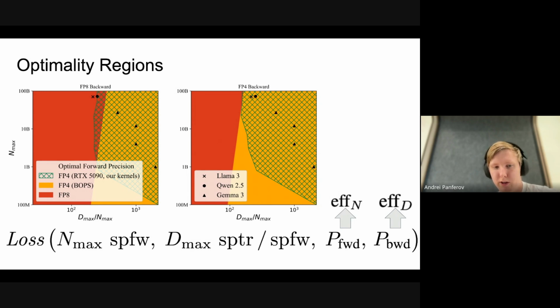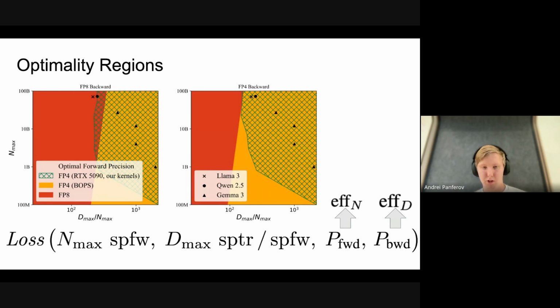And we can see that the optimality depends a lot on the model size and on the data saturation, with models more saturated with data profiting more from forward pass quantization. And from the kernel standpoint, we can also see that larger models profit more from forward pass quantization as well, because it's easier to achieve meaningful speedups for those.